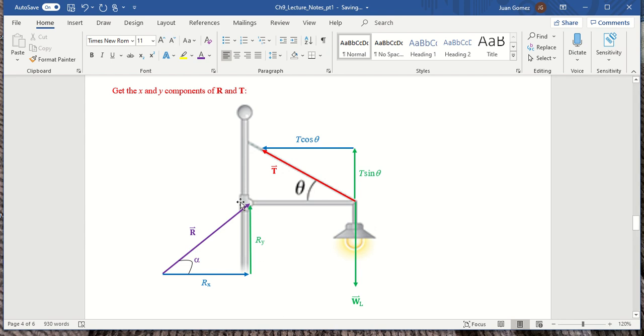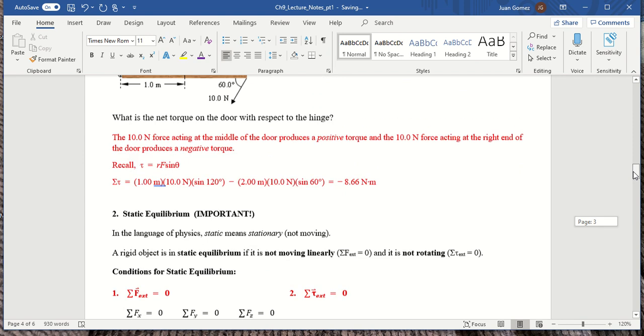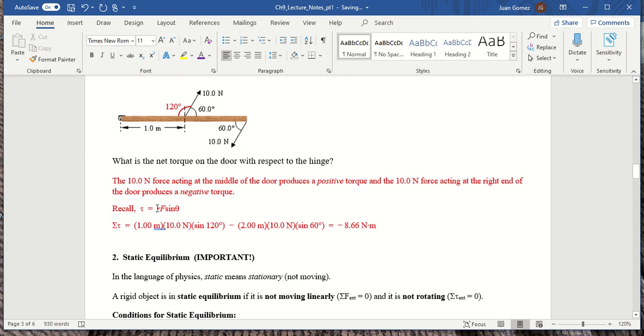And in terms of the sum of the torques, we're choosing the point where the beam is attached to the light post. That's our pivot. Now remember, torque in general is rF sine theta. By definition, what is r? It's the distance from the force to the pivot.